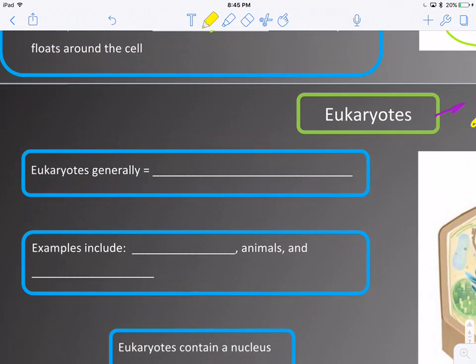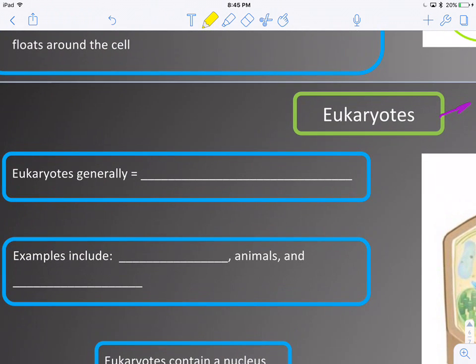And eukaryotes generally are multicellular organisms. Again, think about ourselves.